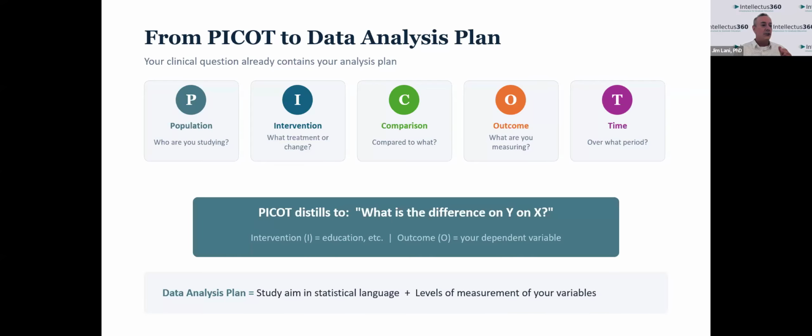You want to get it down to what are your variables and what are you seeking to do with them? I want to predict one from the other. I want to see if there's differences. I want to describe whatever. So at the end of the day, I'll call it PICO light. You want to get to that core. The population is not in there, okay?